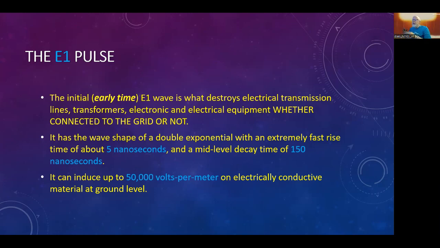You'll see that 200,000 volts per meter a couple times, but this presentation is based on 50,000 volts per meter, which is what a normal EMP would produce.